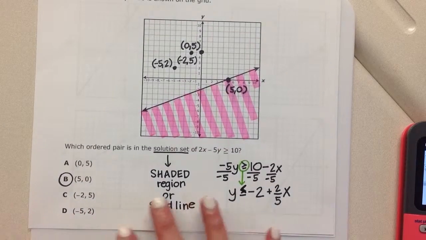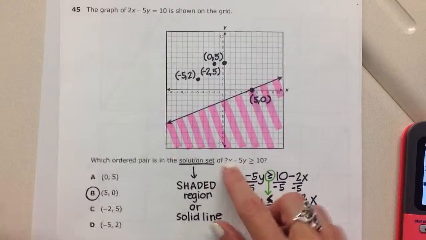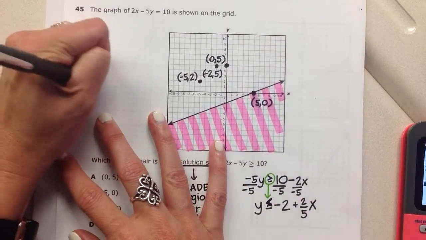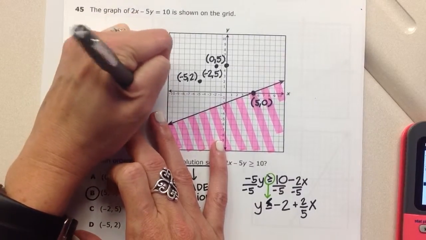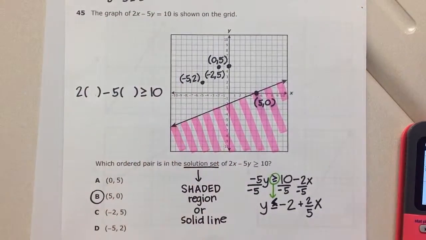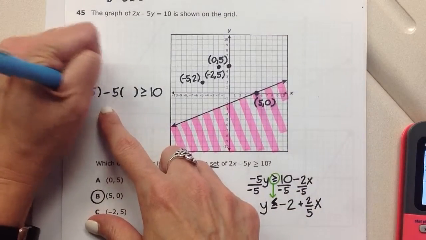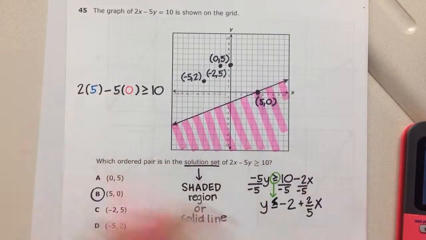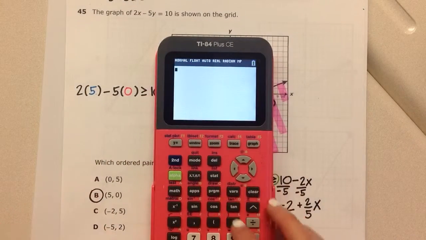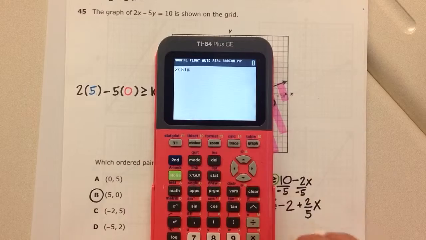I could have also plugged in my x and y values, so I could have said 2 times the value of x minus 5 times the value of y is supposed to be greater than or equal to 10. Well, now I'm going to plug in for my x value, I had 5, and for my y value, I had 0. I'm going to do all of this math in my calculator. What do I get when I take 2 times 5 and then I subtract 5 times 0?